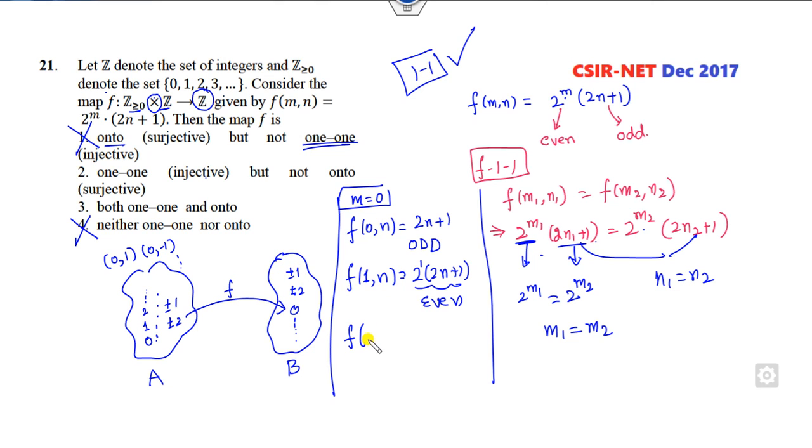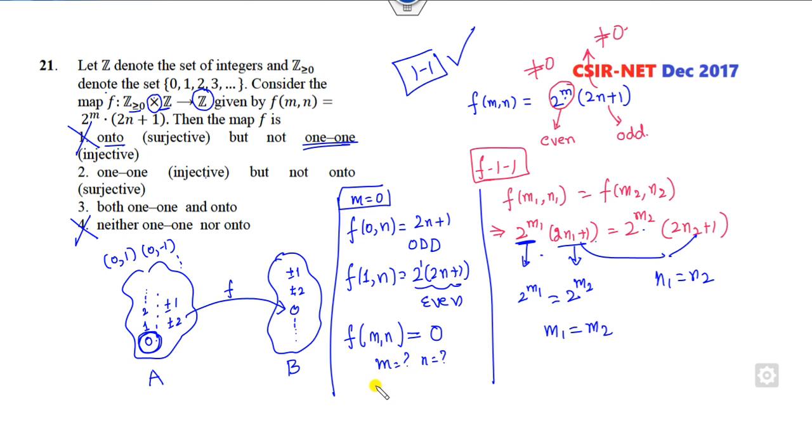But can the function give you 0, because 0 is also an element? For what values of m and n does it give 0? Clearly, this number will never be 0.